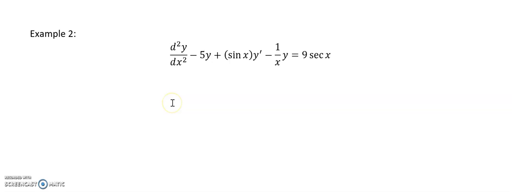So again, the order is the highest degree of the derivative in the equation, and that highest degree is 2. So this is order 2 because it's a second degree.